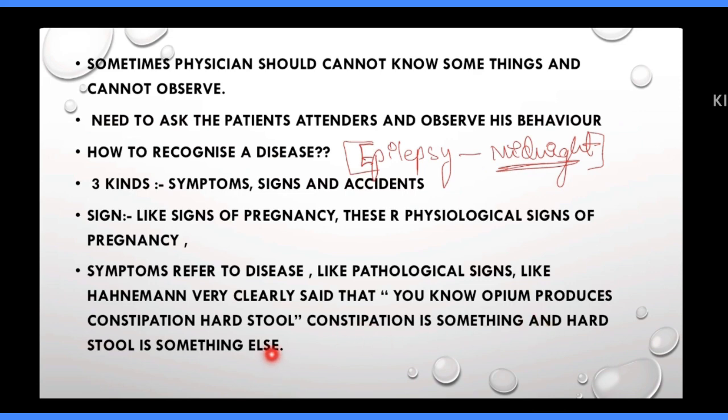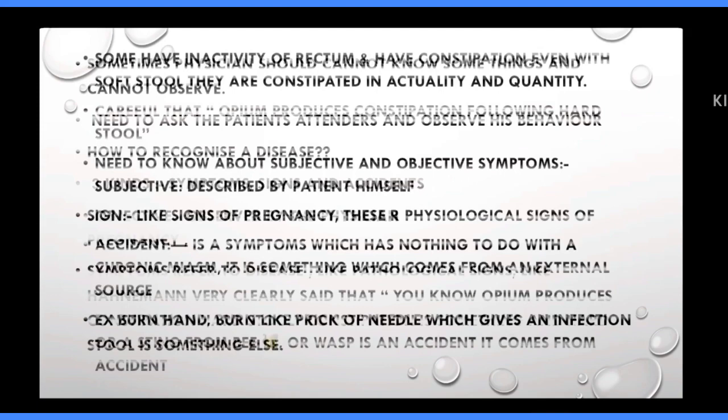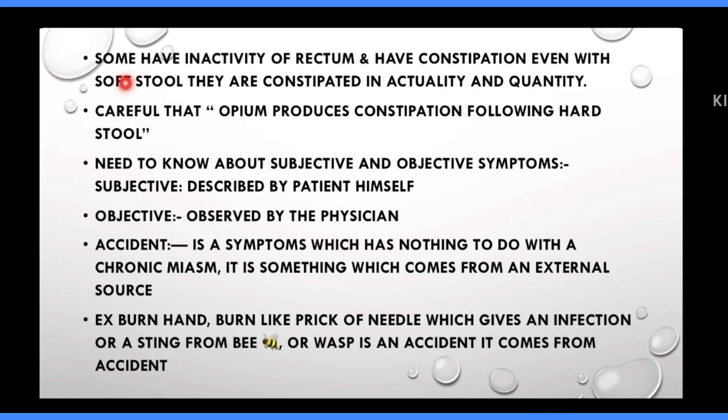Both are very different in the sense that some have inactivity of the rectum and have constipation even with soft stools, like alumina. They are constipated in quality as well as quantity. So some have inactivity of the rectum.